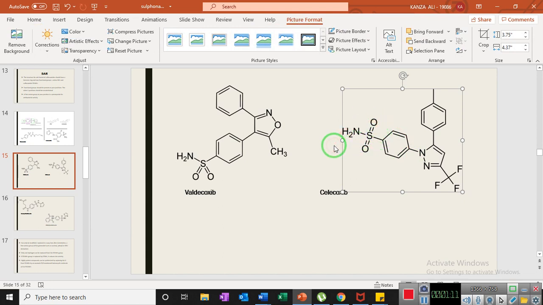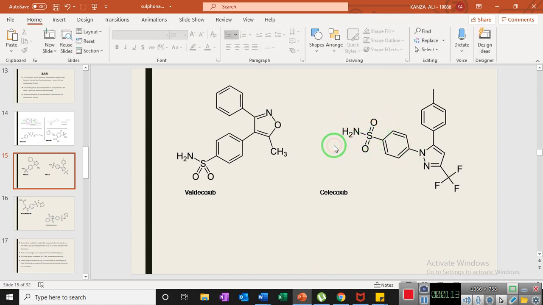And in the SAR, one of the points is that we have also got the derivatives which have got the analgesic effect.